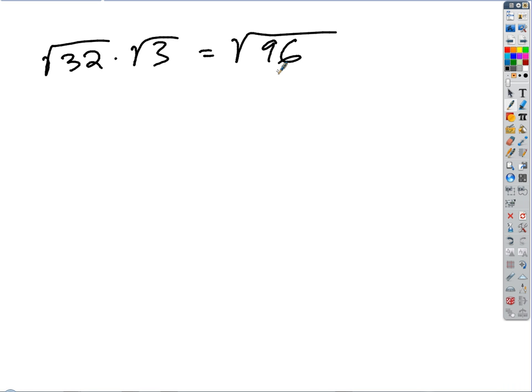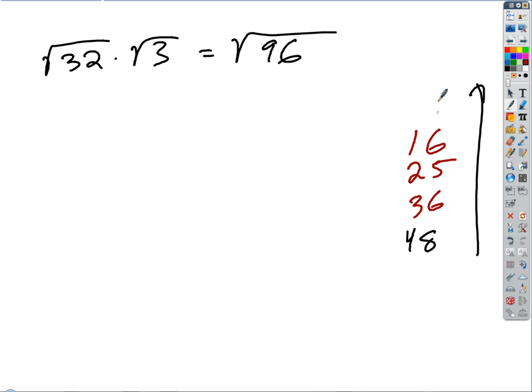So we're just going to work our way down from 48 in this direction, finding the perfect squares. So we missed 49. What's the next one down? 36, and then 25, 16. Okay, so let's go down the list.